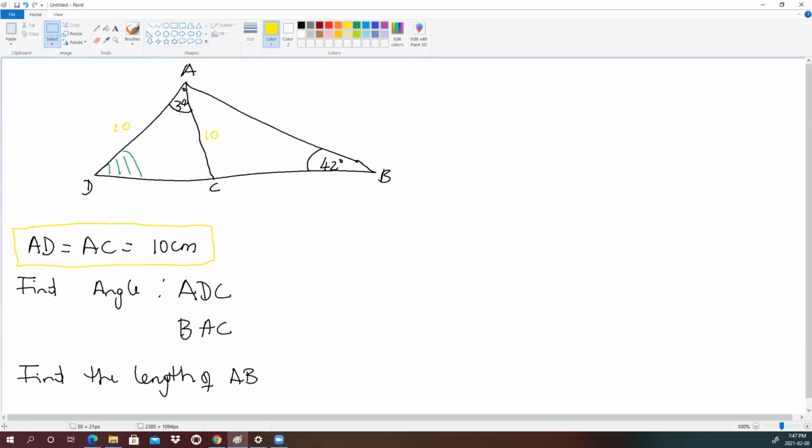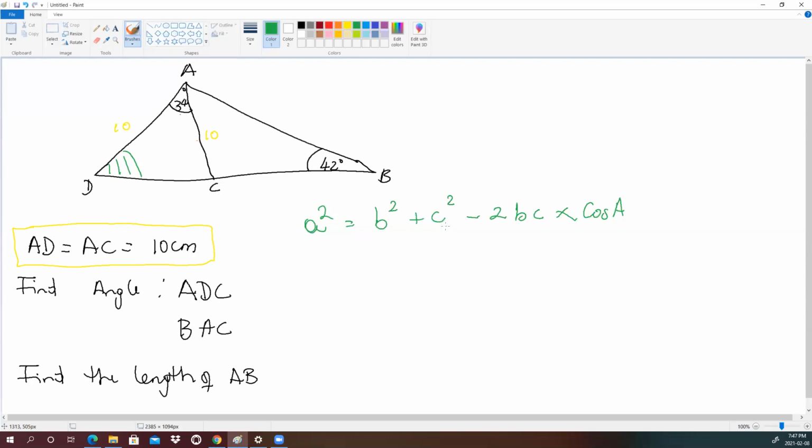So the cosine rule, let me write it in green because we're trying to find this angle over here. The cosine rule says a squared equals b squared plus c squared minus 2 times b times c times cosine of A. And again, in this formula, these A, B, and C are all arbitrary.